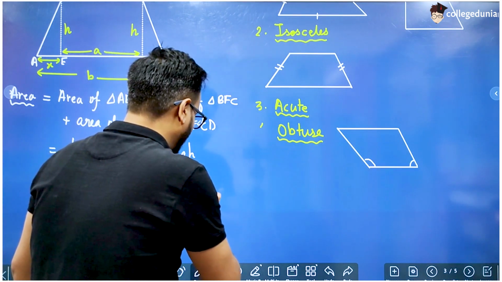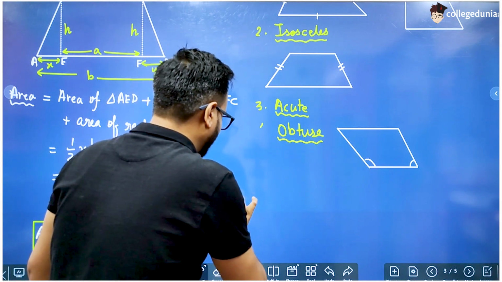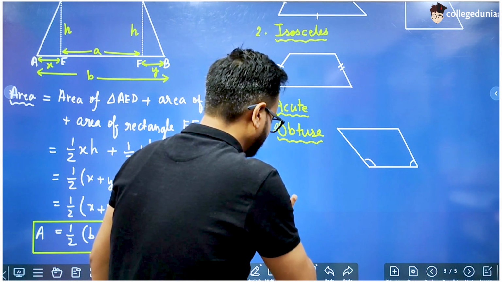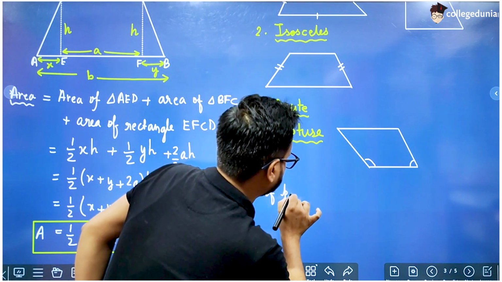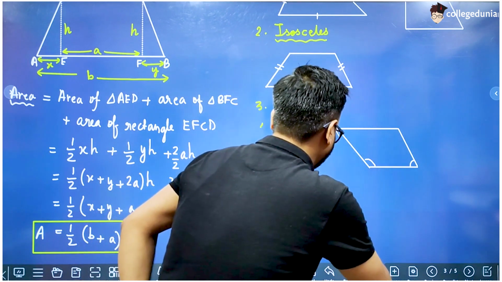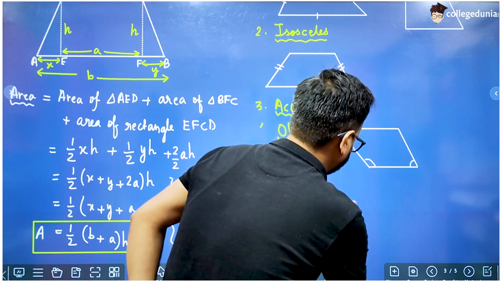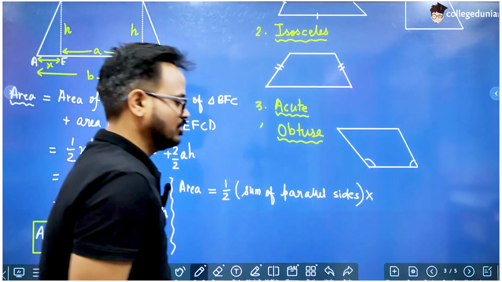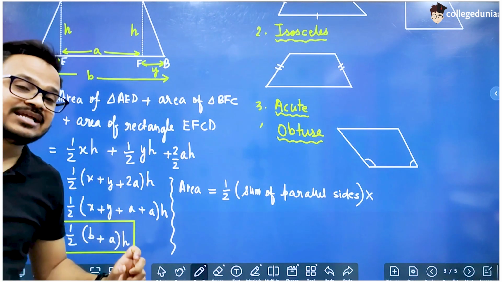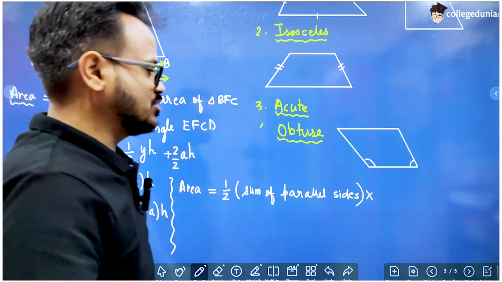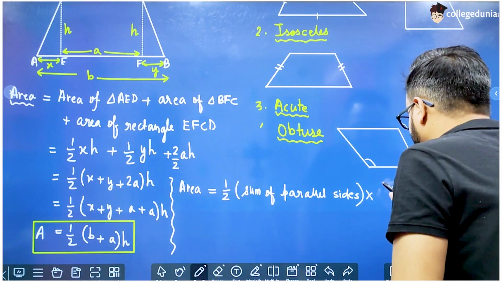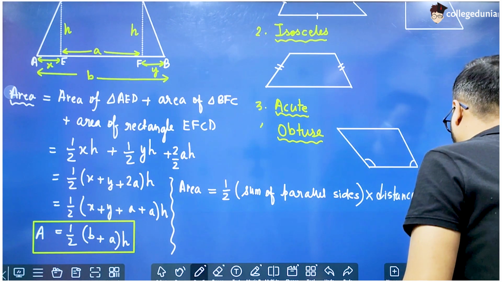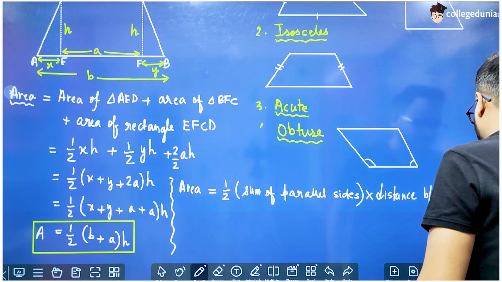Area of trapezoid is half into sum of parallel sides into distance between the parallel sides, which is also called the height of the trapezoid. Height is nothing but the distance between the parallel sides.